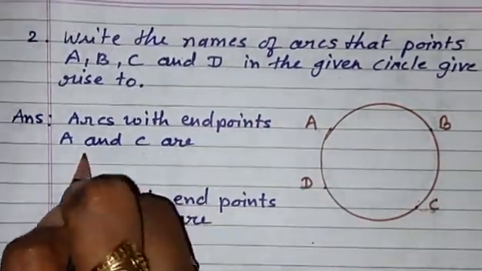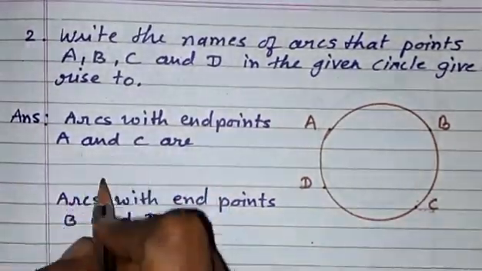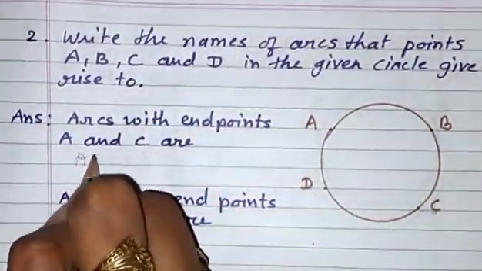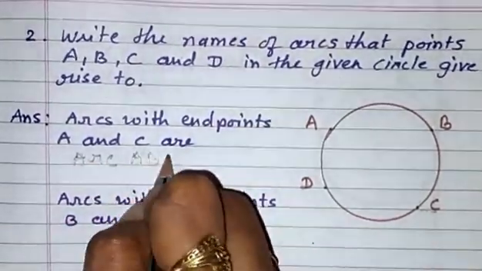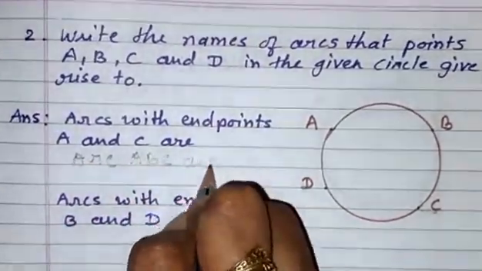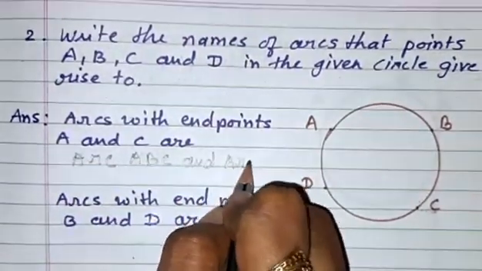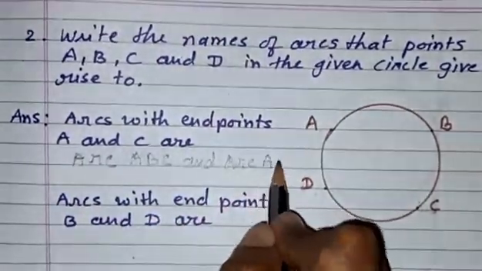So write here, arcs with endpoints A and C: arc ABC and arc ADC.